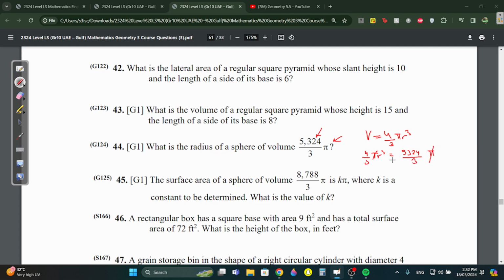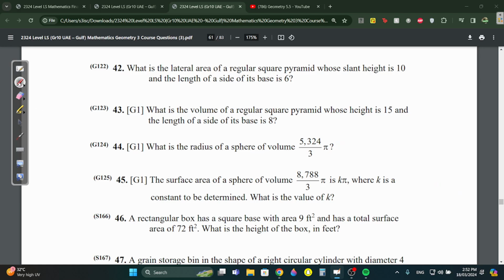Pi with pi, take 5324 over 3 divided by 4 over 3, because you have to divide on the other side. You get 1331. So r cubed equals 1331, and r is the cube root of 1331, which is 11. So the radius is 11.